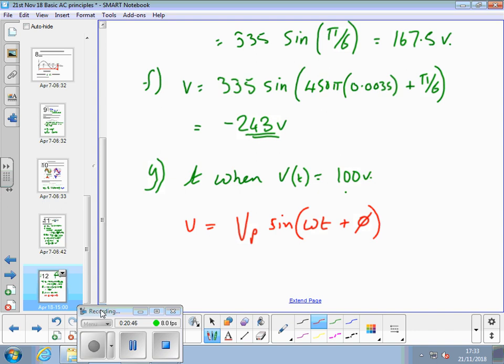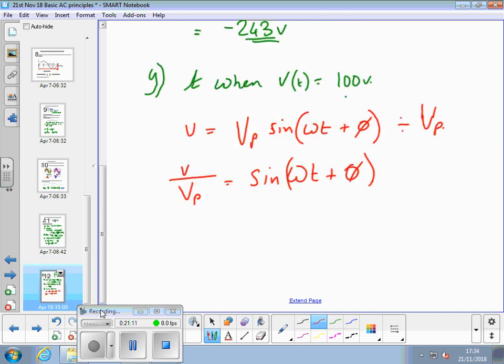So, we divide by that. We'll move that over with the little v, won't we? So we can say little v over vp is equal to sine omega t plus theta.